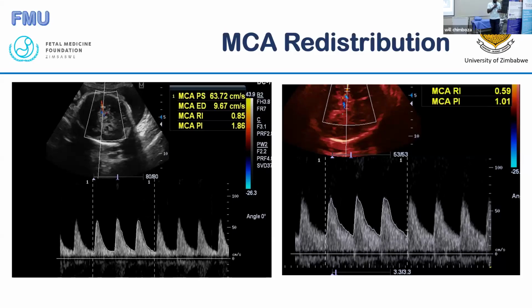The MCA is the opposite. It's a high resistance vessel when it's normal. When it becomes abnormal, you've got the umbilicalization of the MCA, whereby it now starts to have the peak systolic and the end diastolic close to each other. We call that redistribution, whereby the fetus will be trying to spare the brain. It starts rerouting the blood first to supply the brain, to preserve the brain by reducing the resistance. It's one of the signs of hypoxia.